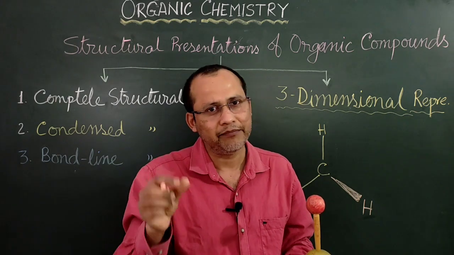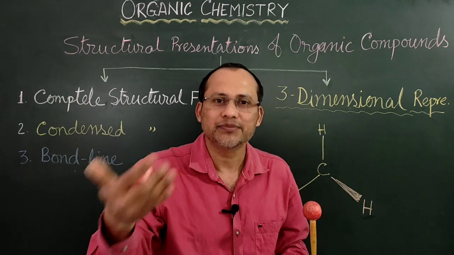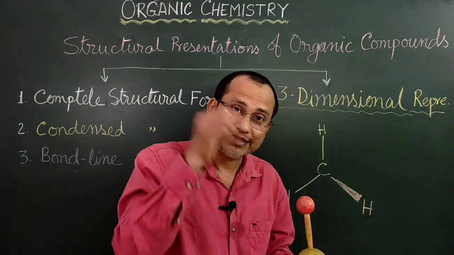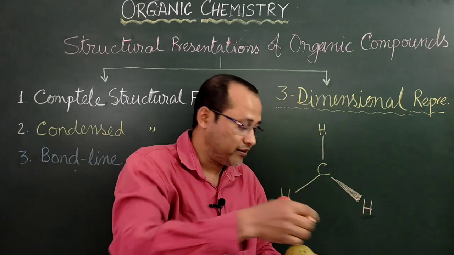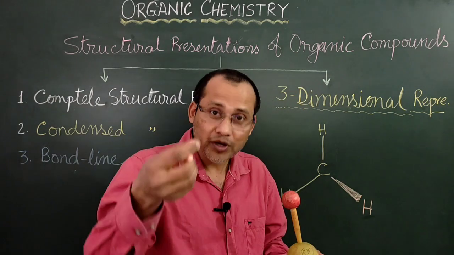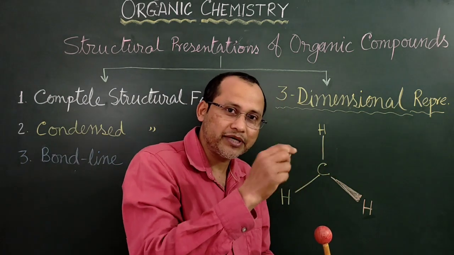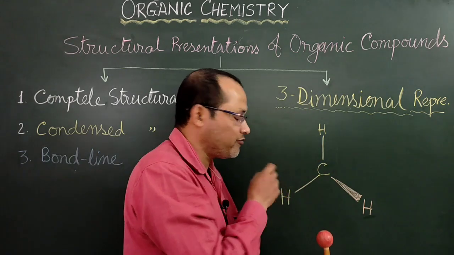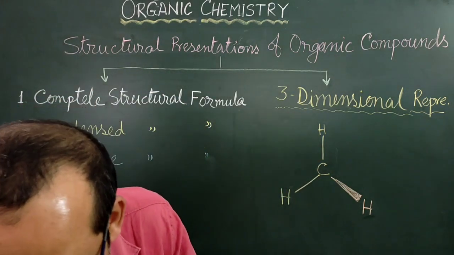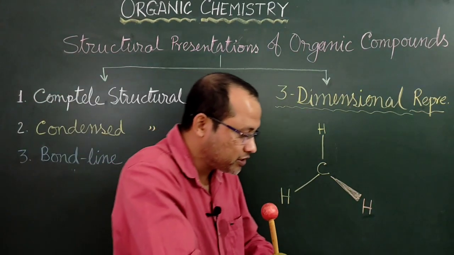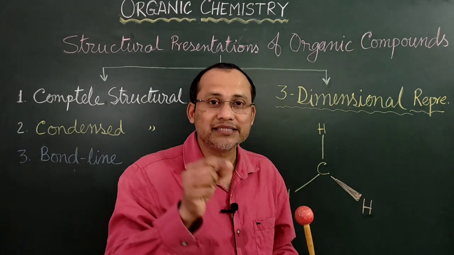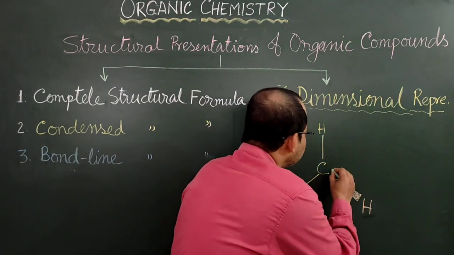Actually it is the same, but it appears to be smaller. Here also the same theme should be applied. This one should be smaller in shape, and for that the convention is to write it with a dashed wedge, and it is like this.